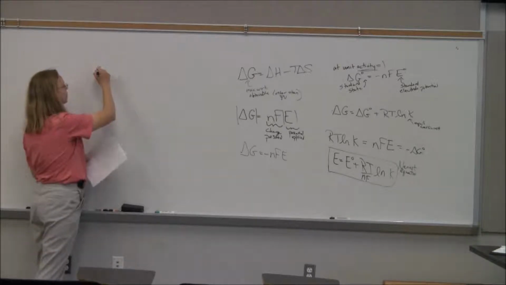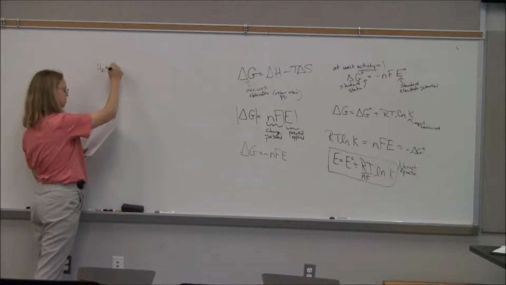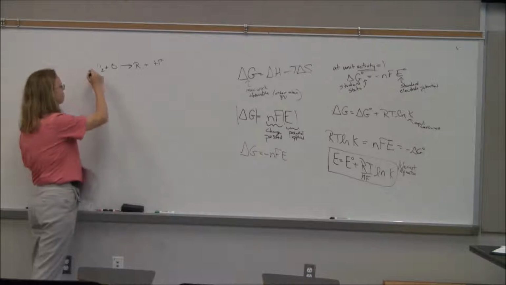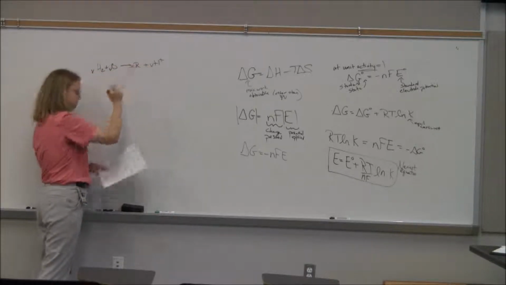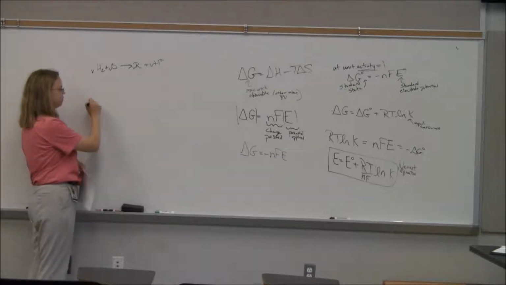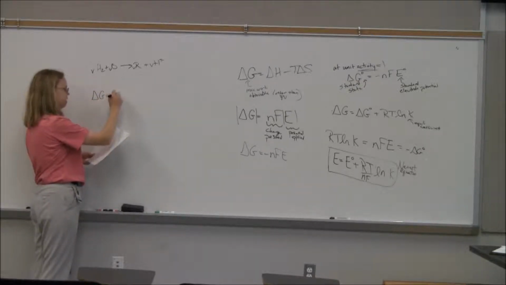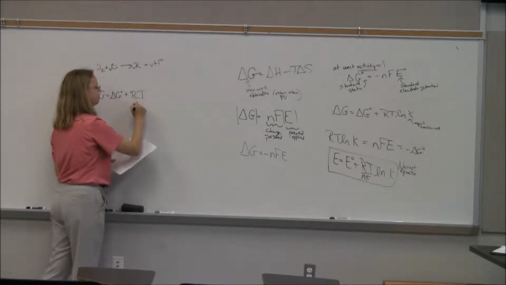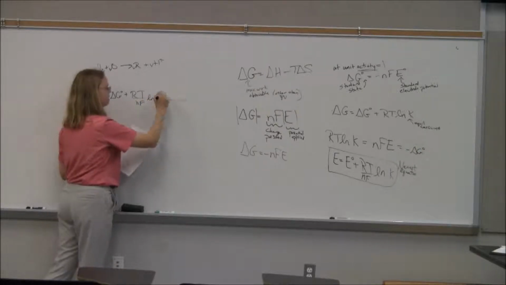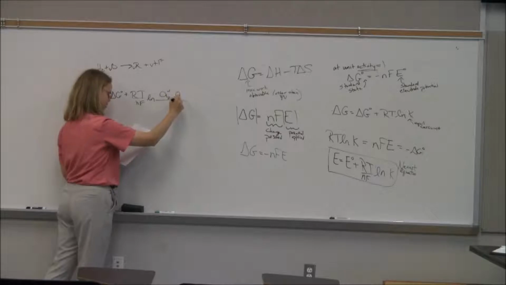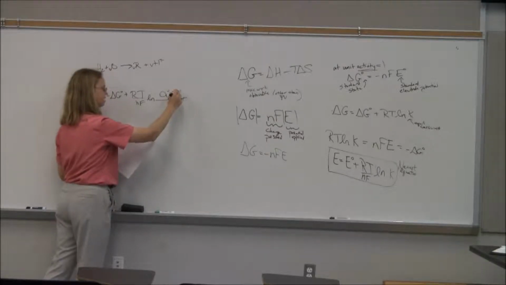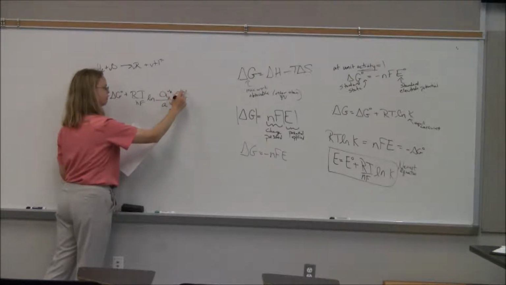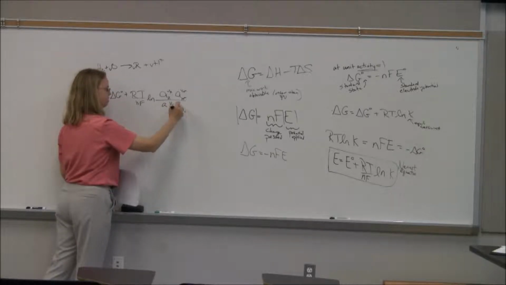If you have a reaction like this, you would have some sort of coefficient in front of all of those, and you would write out delta G is equal to delta G0 plus RT natural log of the activity of R times the activity of H plus to its power plus the activity of O to its power times the activity of H2 to its power.